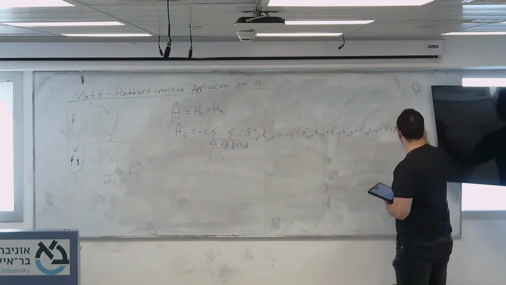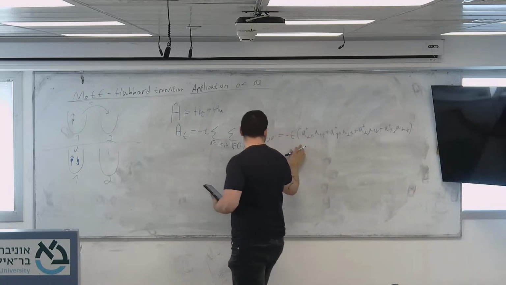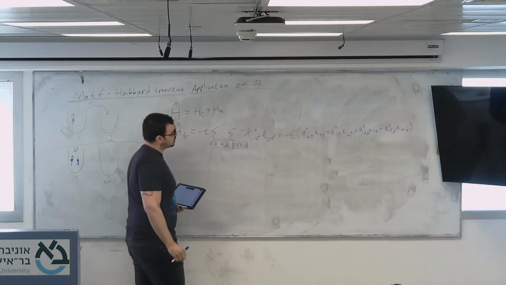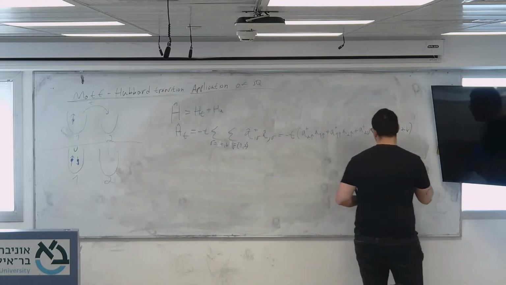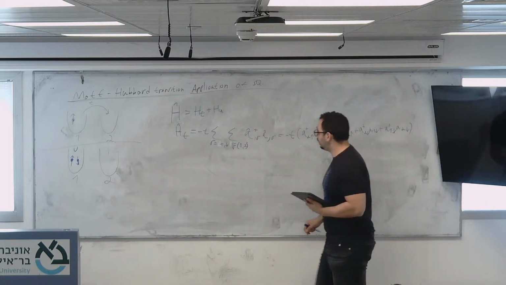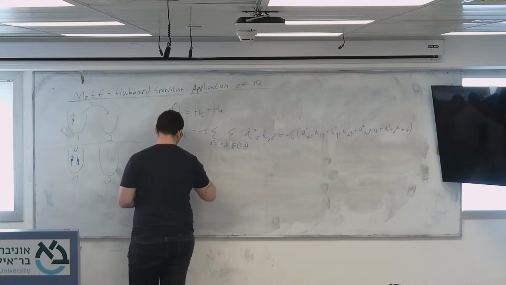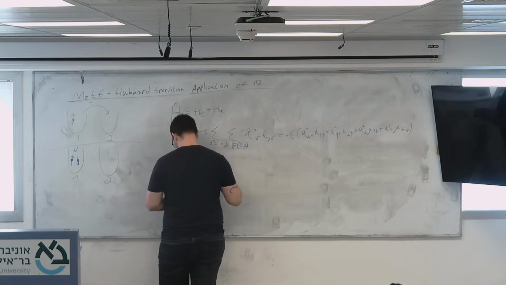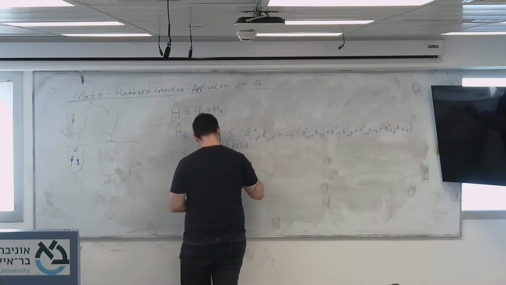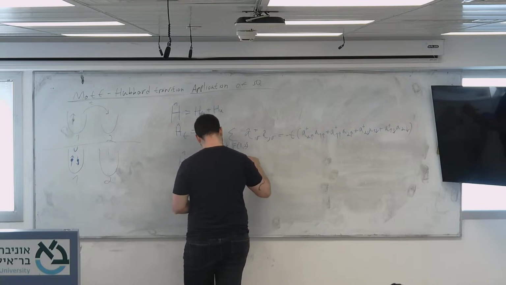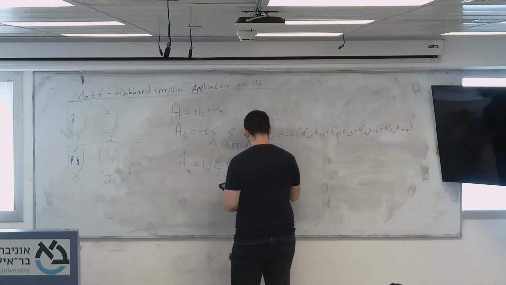All right. So again, we have a Hamiltonian part that describes an electron moving from one site to the other, and then we have the on-site interaction H_U equal to U sum over i, n_i up n_i down, right?